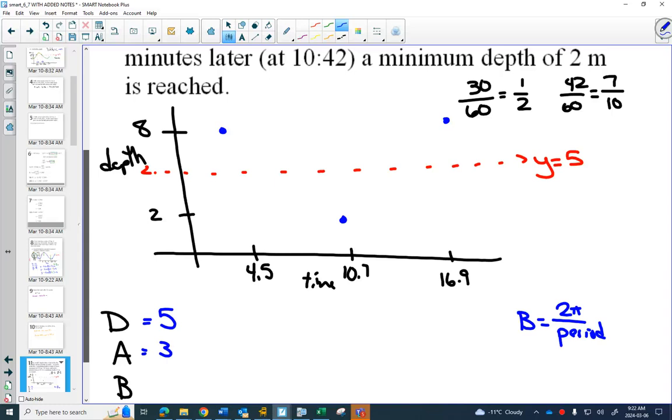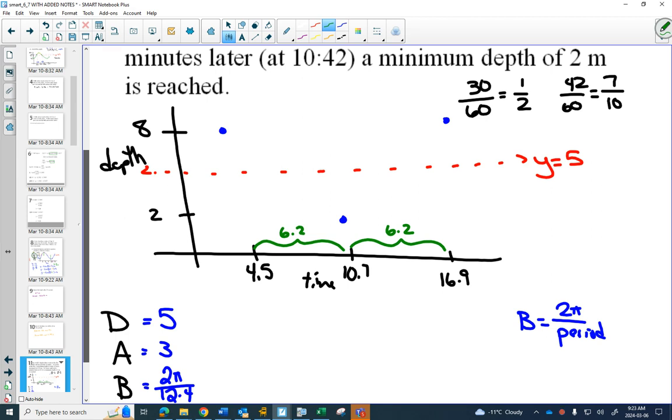So if it goes 6.2 here, are you okay that my b value has to be 2 pi divided by 12.4? How did you get that? Because I know from here to here is 6.2. This means this will also be another 6.2, and that full period would be 12.4.